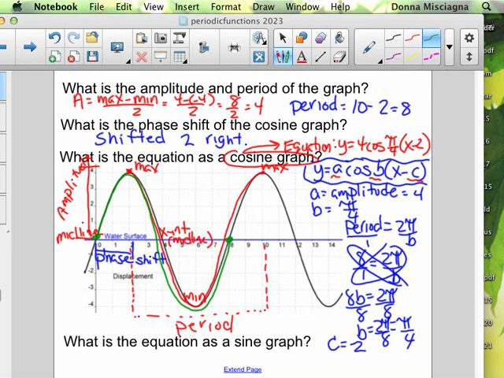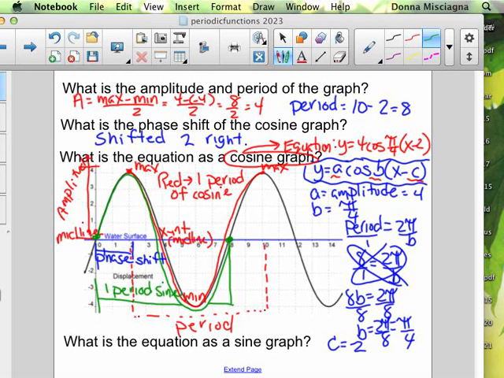So the red is 1 period of cosine. The green is 1 period of sine.